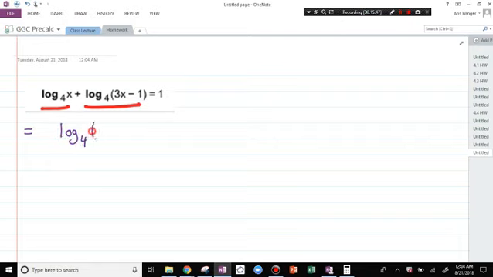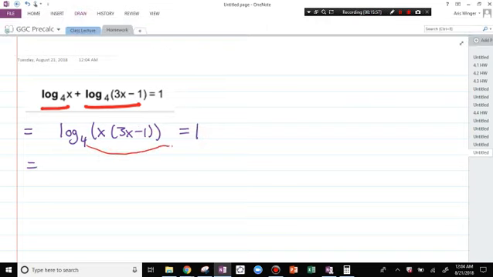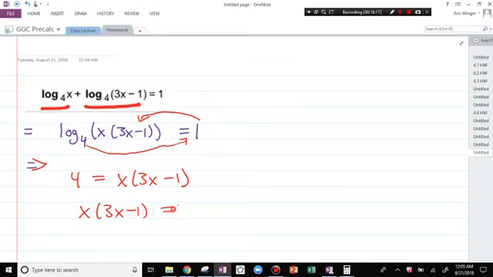Log base 4 of x times 3x minus 1 is equal to 1. Here we can then apply the definition that 4 to the first power equals x times 3x minus 1. 4 to the first equals x times 3x minus 1, and now we're about to build a quadratic equation. I'll switch the order. x times 3x minus 1 is equal to 4.